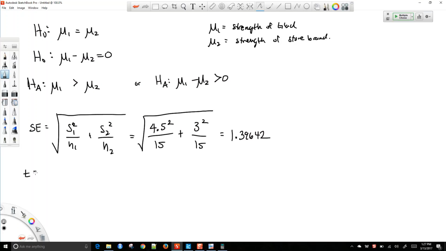My test statistic is going to be x bar 1 minus x bar 2 divided by my standard error. When I looked at the problem, the average strength when the Glad bag broke was 60 pounds. We subtract off the store brand 57, and then divide this by 1.39642.